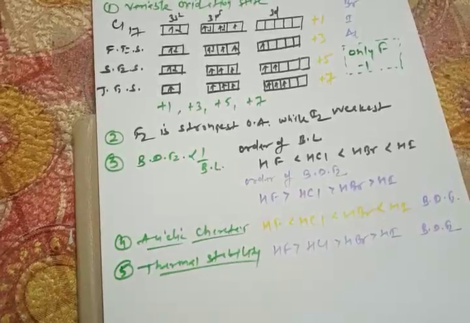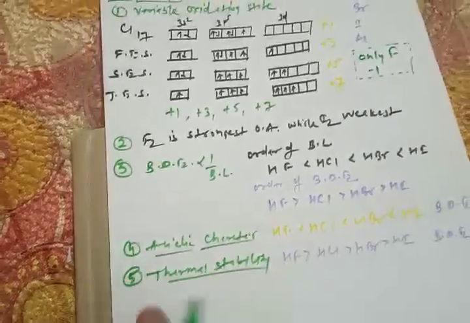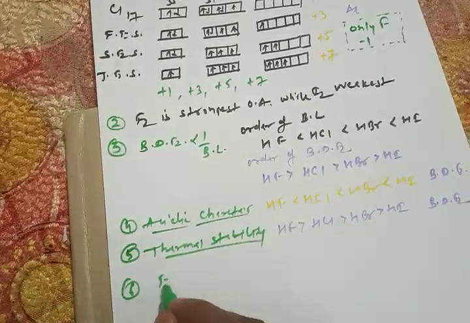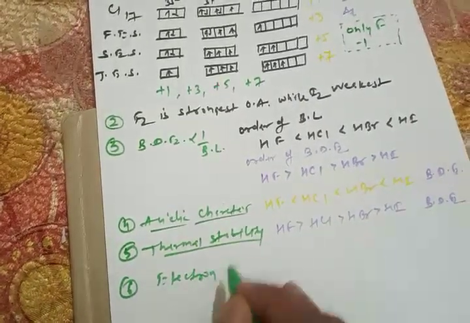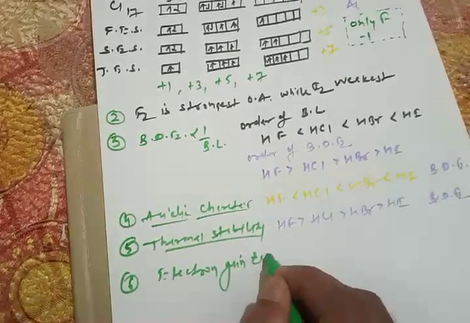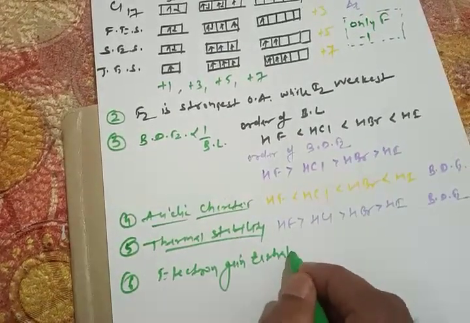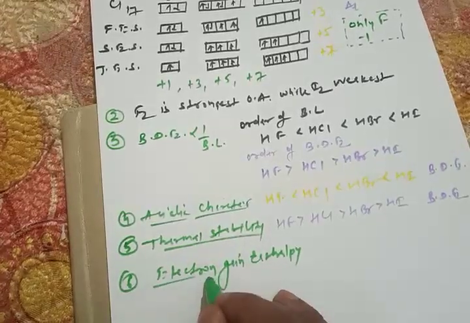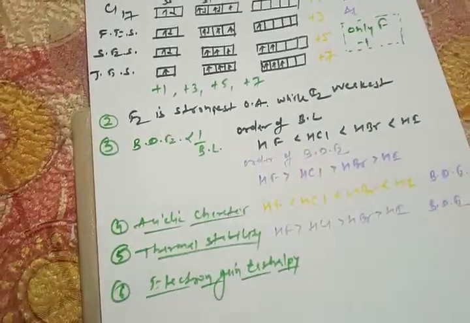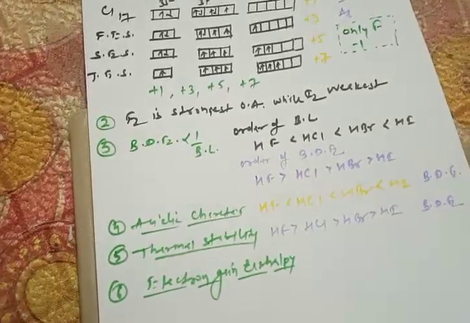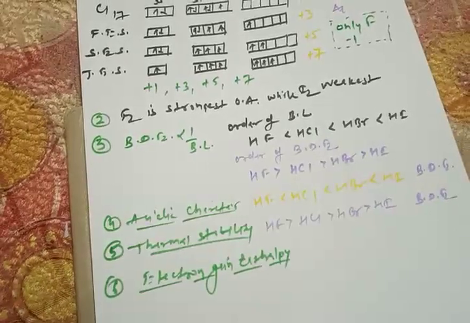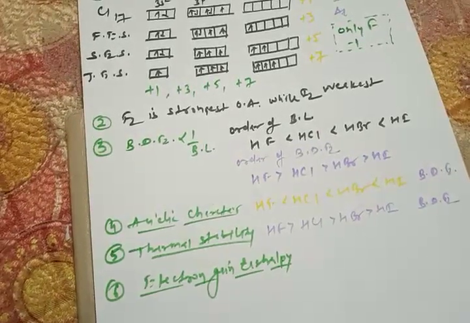Now the last property is electron gain enthalpy. This is one of the important topics, and many times questions are asked in competitive examinations on the order of electron gain enthalpy. Electron gain enthalpy is the tendency to attract the electron, got it?